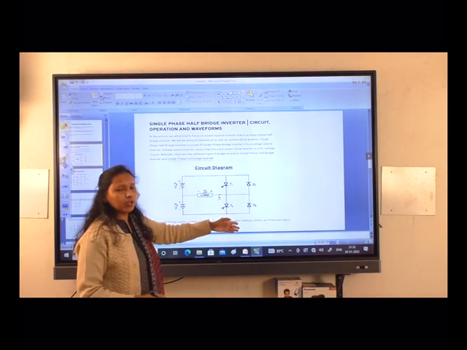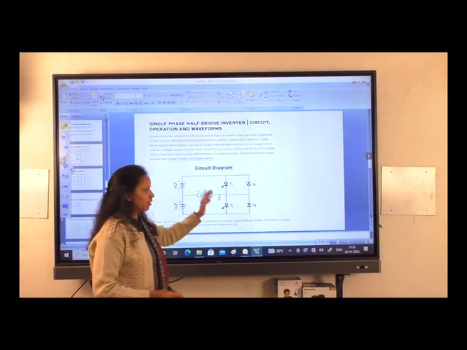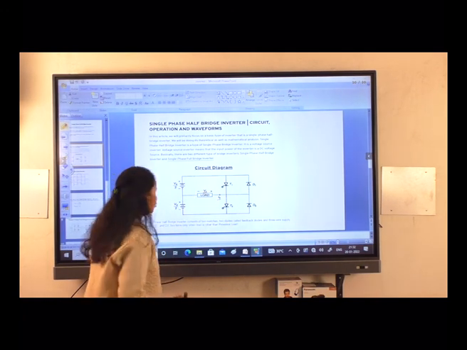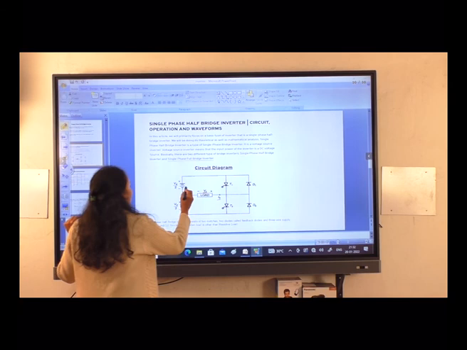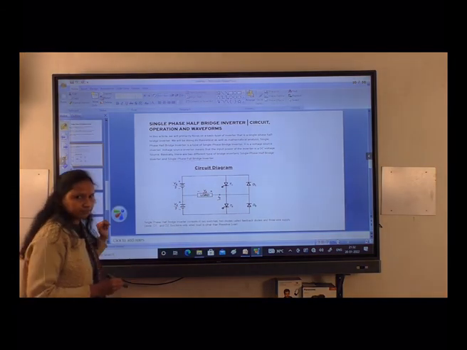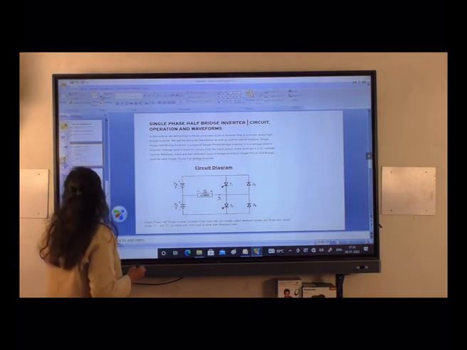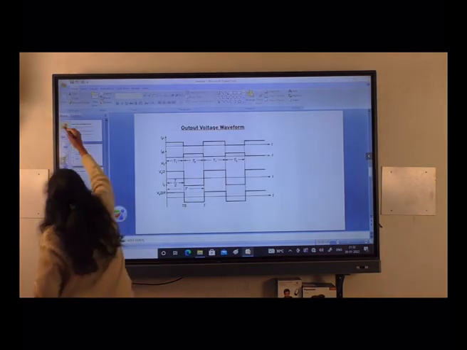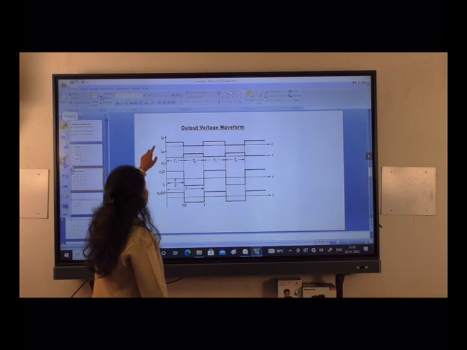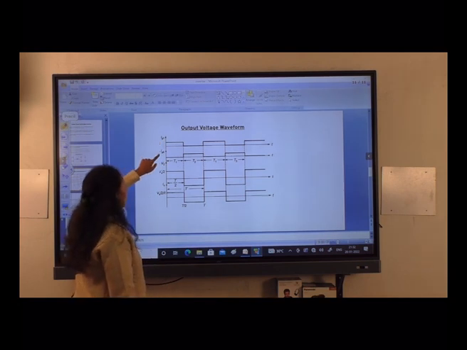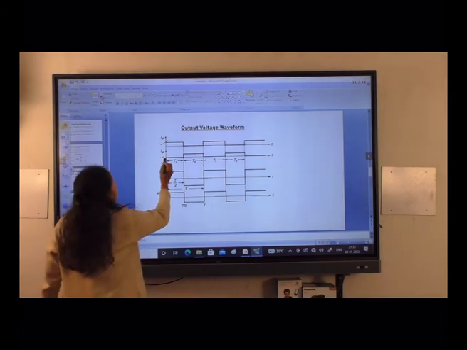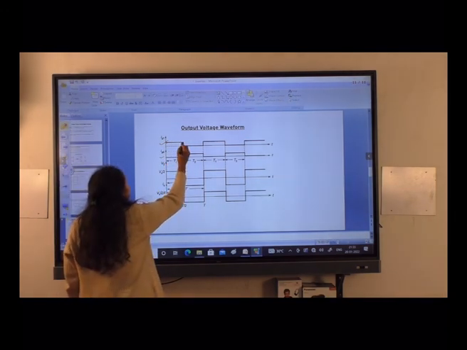When we give the gate pulse to these thyristors, the switch will close and output current will flow through the circuit. This is IG1, IG2, gate pulse 1 and gate pulse 2. Initially IG1 is given like this.